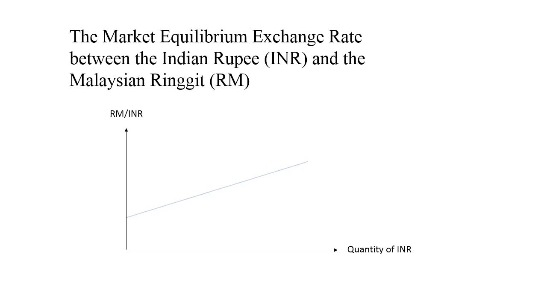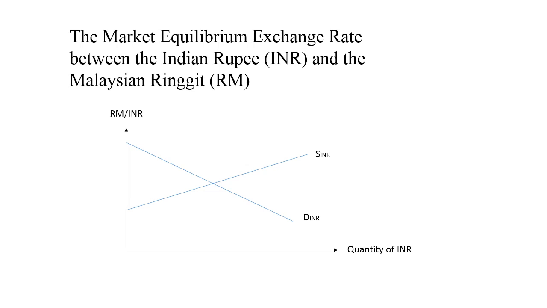So this is the supply curve for the Indian rupee, and this is the demand for the Indian rupee. The concept is the same concept you have learned in business economics about the demand and supply of a good.